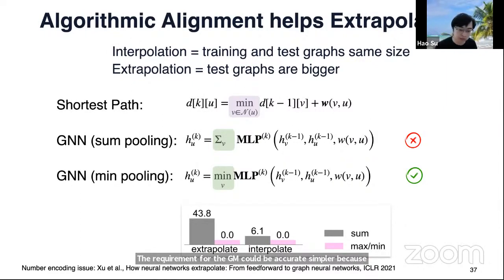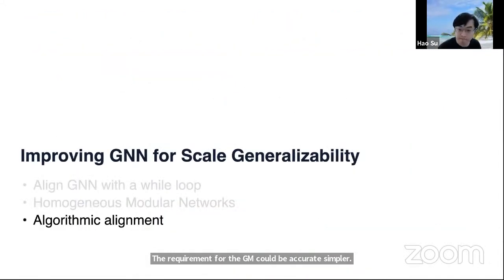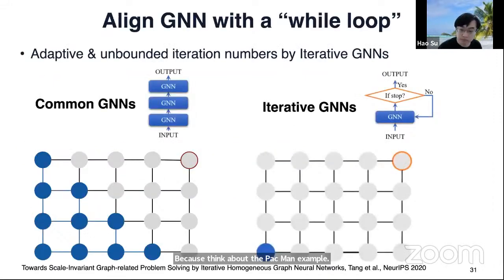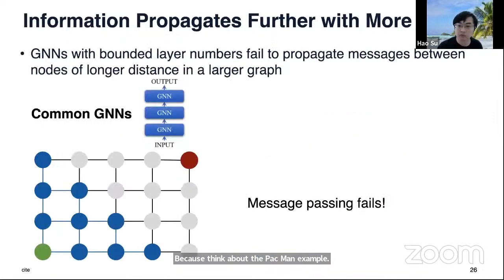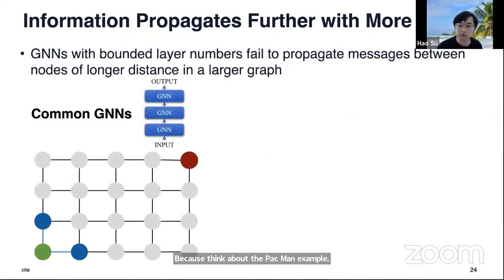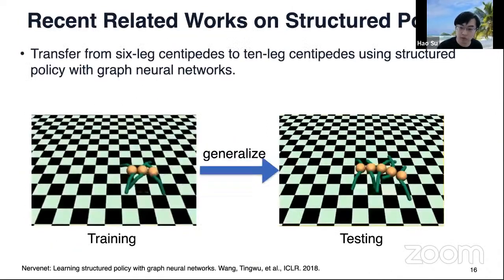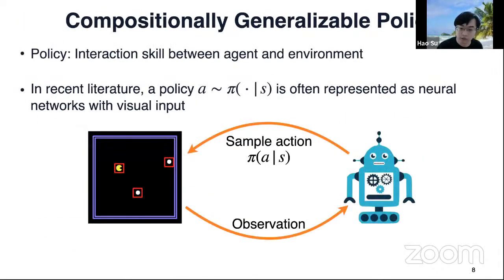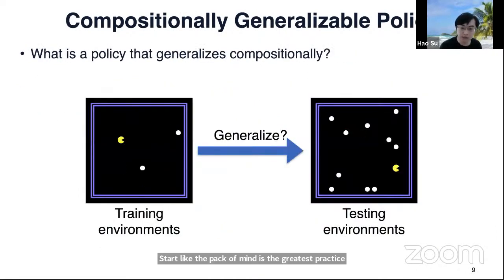Think about the Pac-Man example. Pac-Man is a greedy strategy, right? If my goal is to learn a greedy policy, not shortest path or TSP, then you could just find the dot that's closest to you.